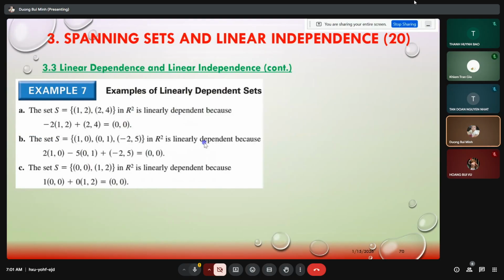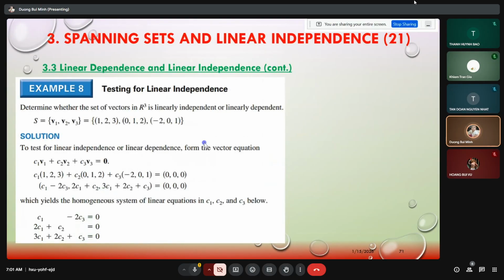For example, this one. Determine whether the set of vectors in R3, that means the vector space is R3, is linearly dependent or linearly independent. We just demonstrate c1 V1 plus c2 V2 plus c3 V3 is the zero vector.